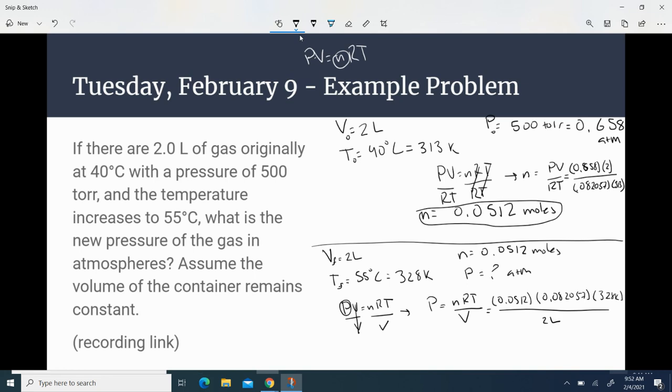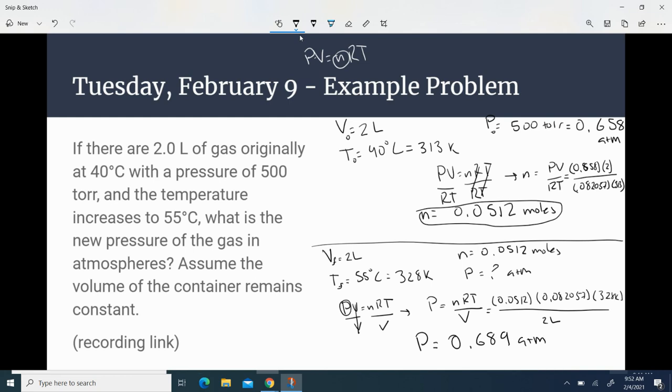Let's plug it into the calculator. I'm going to do the same system as before and do it all in one line: parentheses 0.0512 times 0.082057 times 328, end parentheses, divided by 2. That's going to give me a final pressure of 0.689 atmospheres.